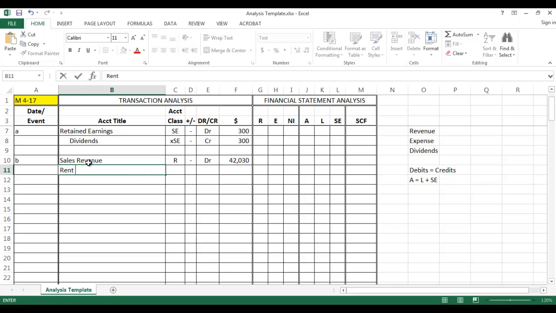And then rent revenue, I will debit in the amount of $300. Again, I'm always closing my temporary accounts to retained earnings. This time I'm closing my revenue accounts, so that will have the effect of increasing retained earnings. And then it's just the total of those two accounts, $42,330.